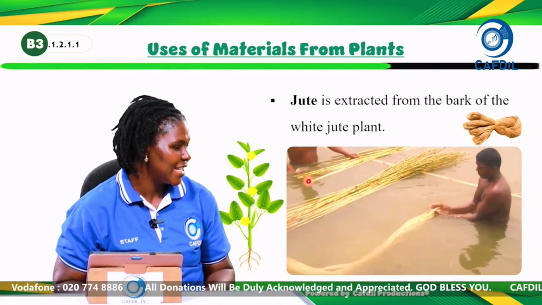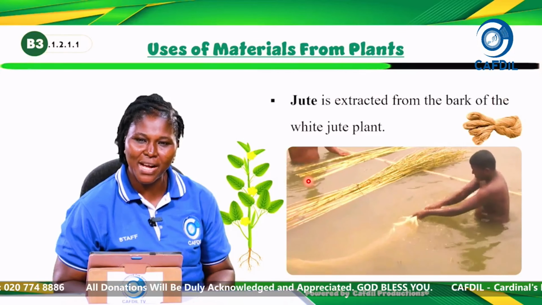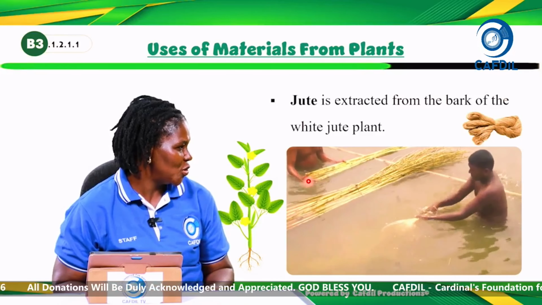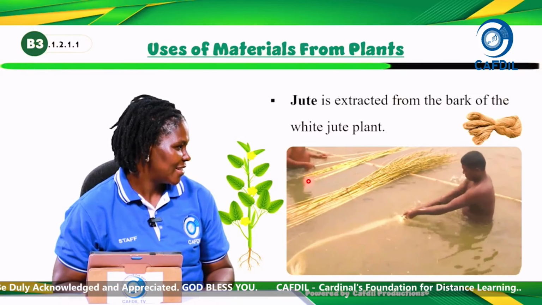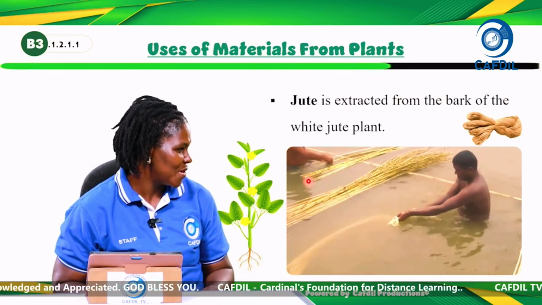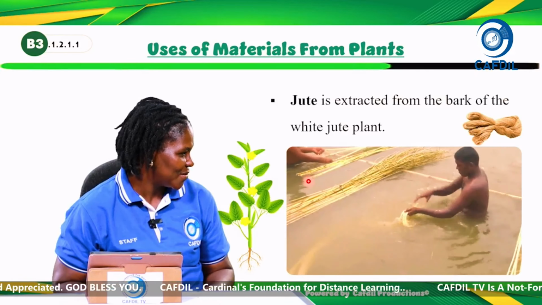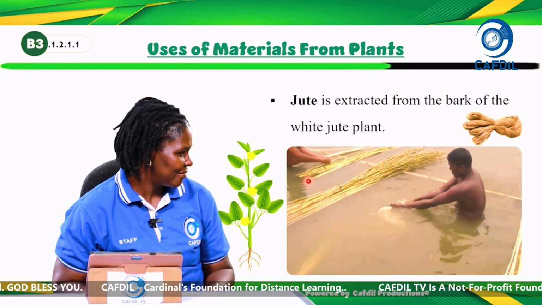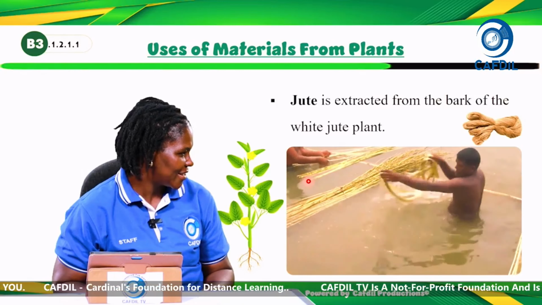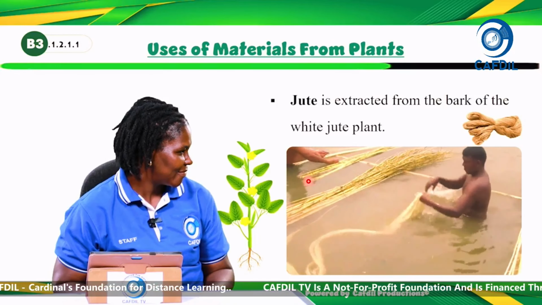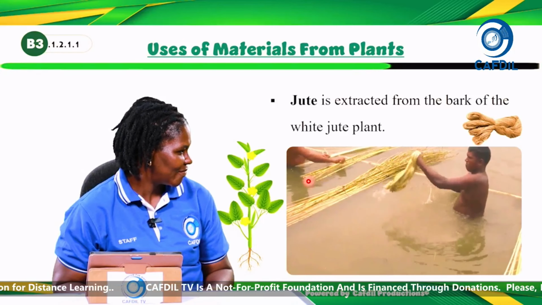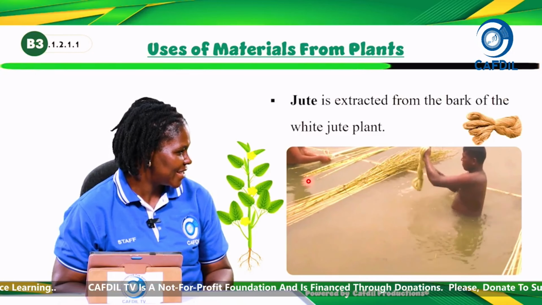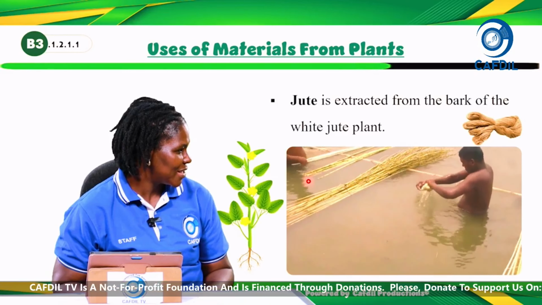So they get the jute from the back of the jute plants, and they throw the stem away. So look at how they'll get it. Very nice. Then they will tie it like what is on our screen.